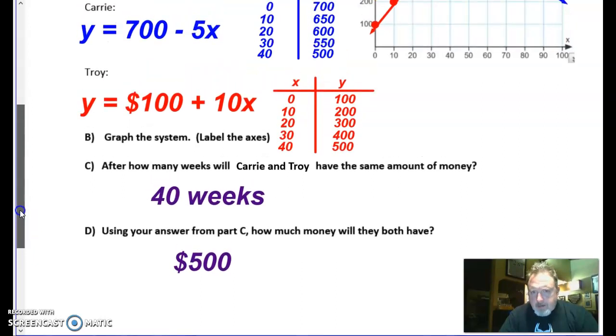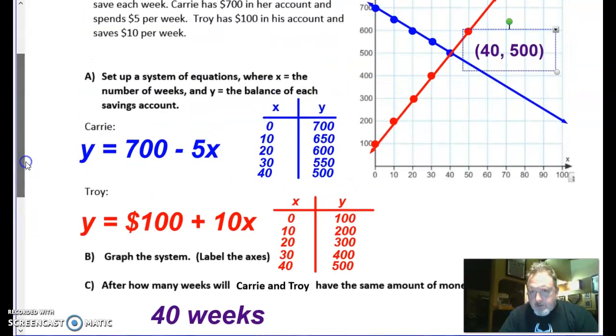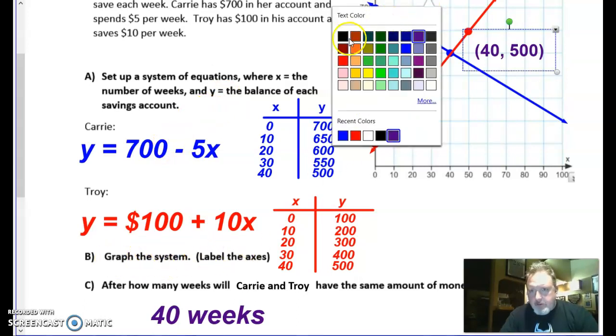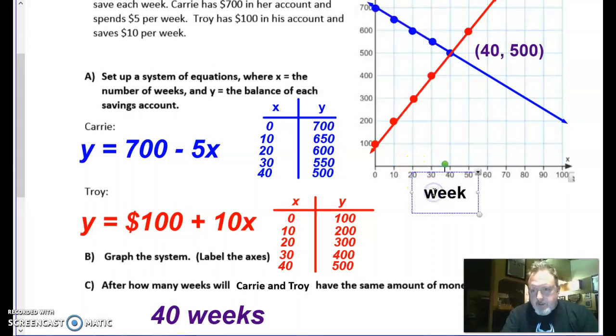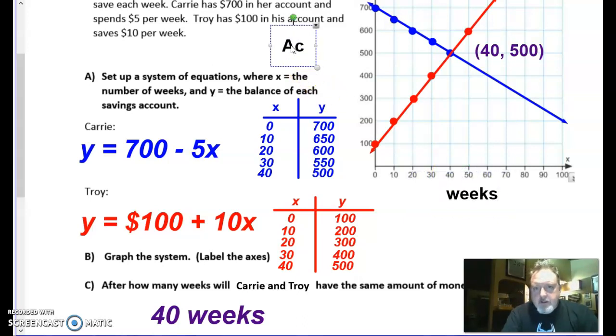I want to go back to one last thing that we need to do here. If you notice with the graph, it said to label the axes, so we want to make sure that we do that. Down here, the 10, 20, 30, 40, that was our weeks. And over here we had our account balance.